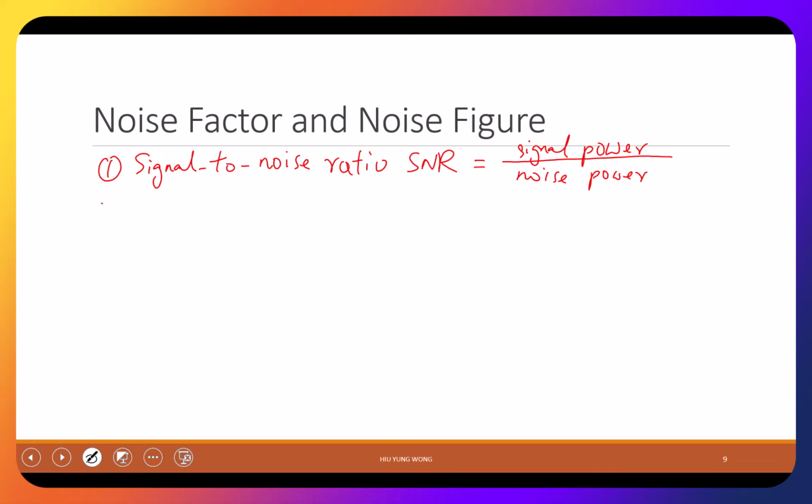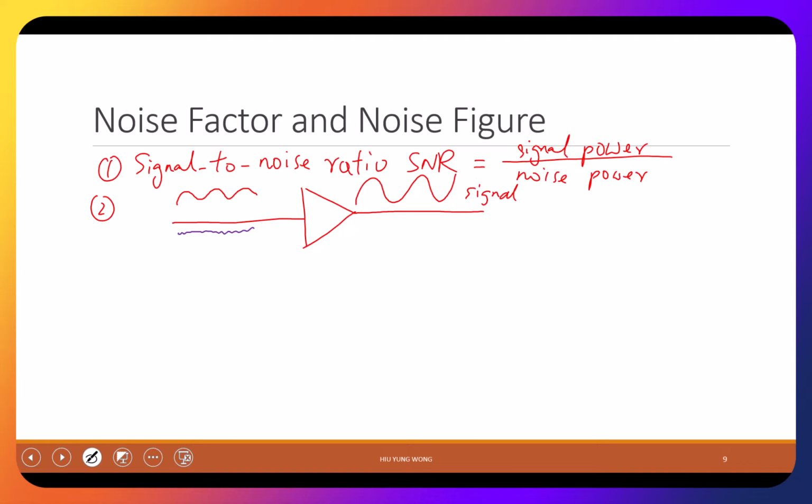Now, in reality, we may use an amplifier. I have a signal going in, and then I have a signal going out. So this is my signal. After this amplifier, it becomes very large. Great. But do not forget, I also have noise in the input.